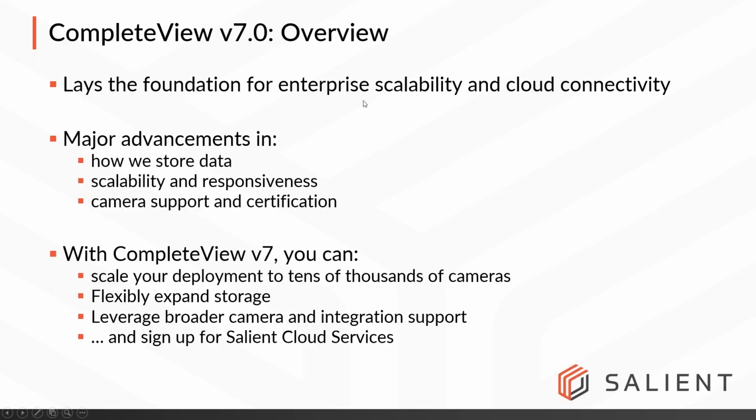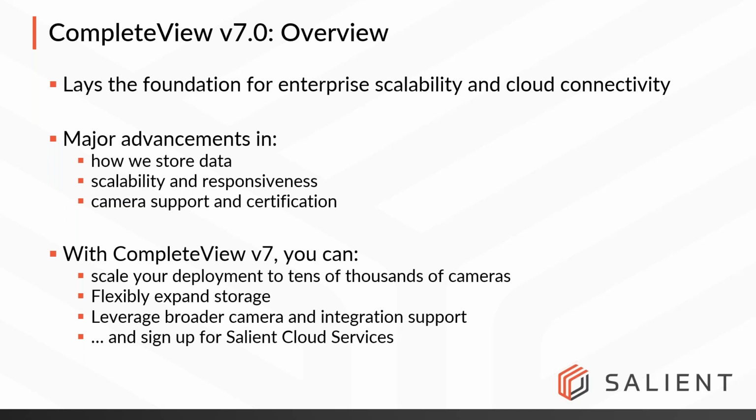So let's dig in. As I've said, CompleteView version 7.0 is something that's been over a year in the making, something that we're really excited about. This release lays the foundation for enterprise scalability and cloud connectivity. We've made some major advancements in how we store video data, the scalability and responsiveness of our platform, and in camera support.